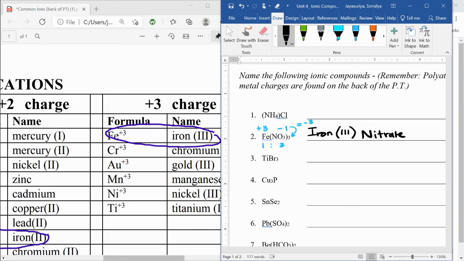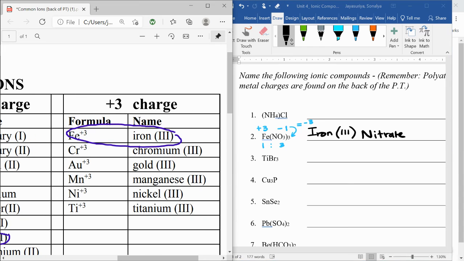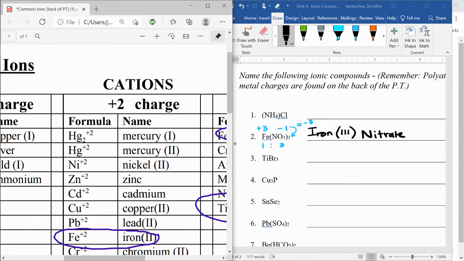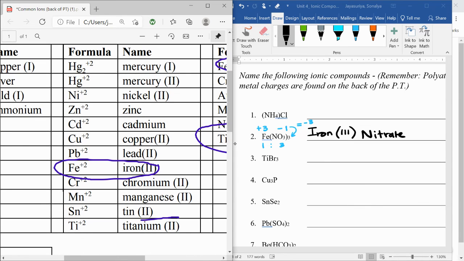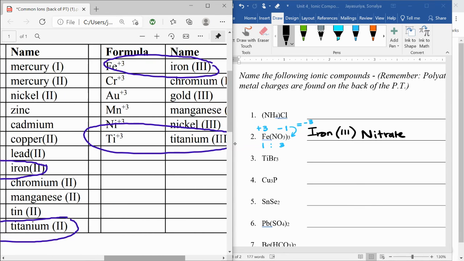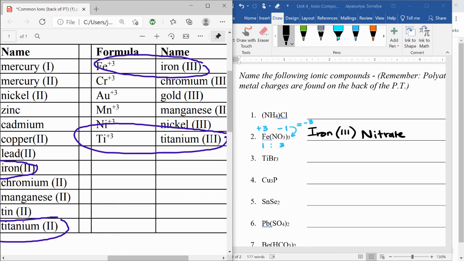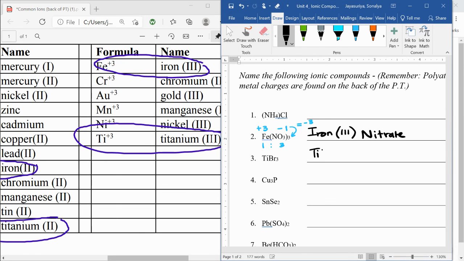TiBr3. Titanium, again, is a transition metal. Anytime you find it in the transition metal section, you should check your common ion sheet. Titanium, there's titanium 2 and titanium 3. Now I know that Br is bromide because bromine becomes bromide, okay?